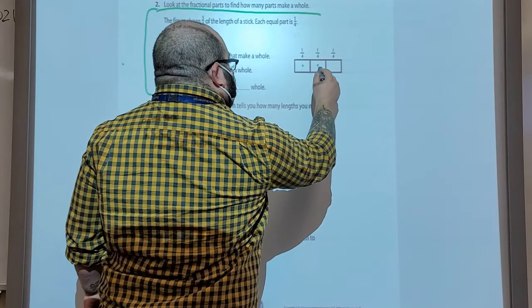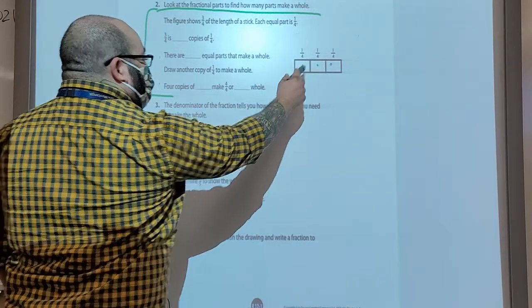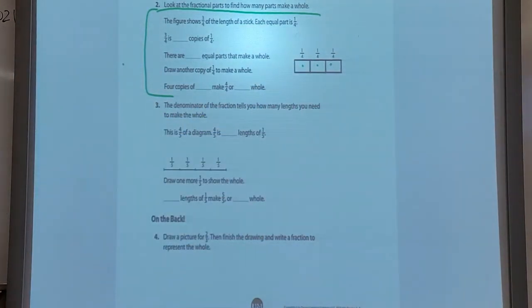But there's another hint. There are 3 parts here, correct? You guys see 3 parts there? But what does the fraction say? What does the fraction say, Ariana? What does it say on top of each part? 1/4.